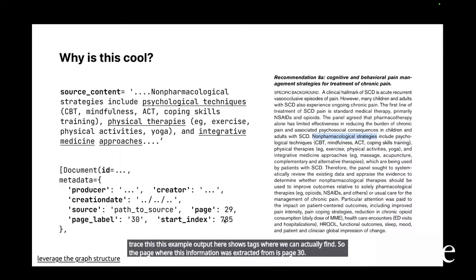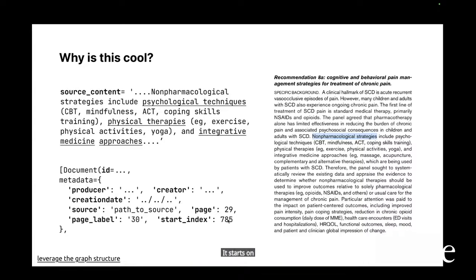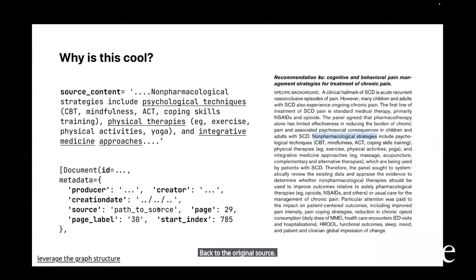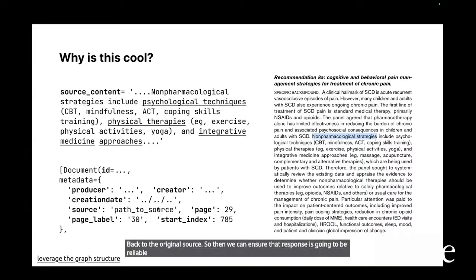It starts on word 785. The creator was such, the producer was such, the date was such, in a way that we can trace this back to the original source. So then we can ensure that the response is going to be reliable, traceable, and grounded in actual data.